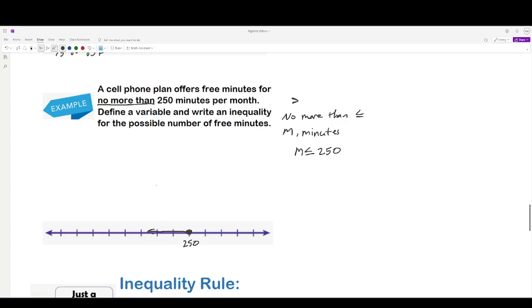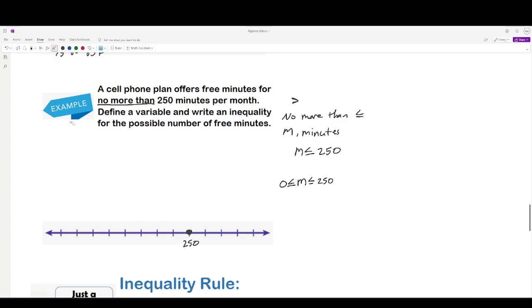In this case, there's a definite lowest limit of how many minutes could be used. So this would be a very basic answer. A more complete answer would be to say that m is greater than or equal to 0 and less than or equal to 250, because there's no way to use less than 0 minutes.